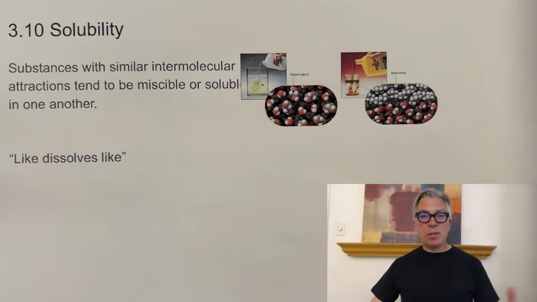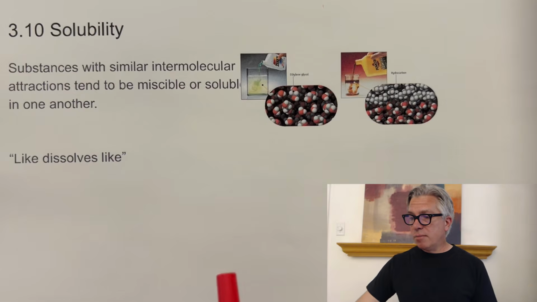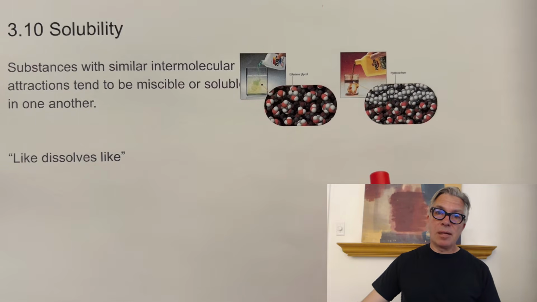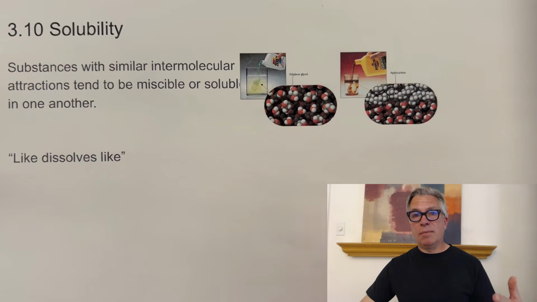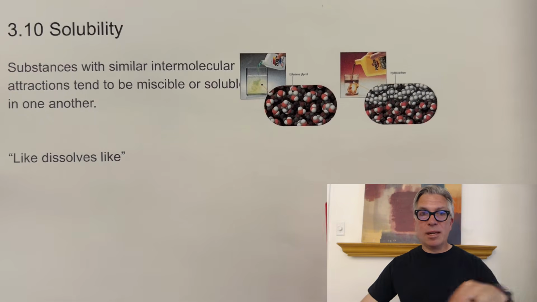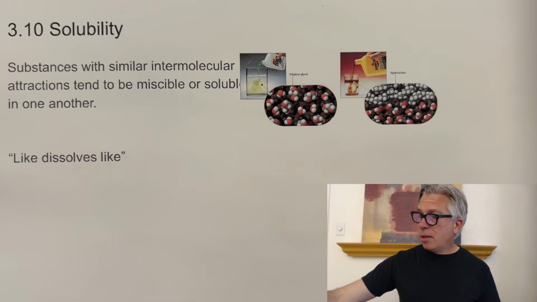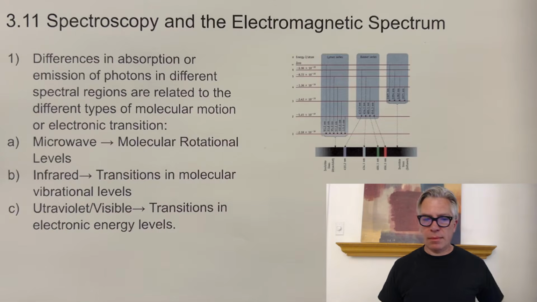Water will dissolve ions and things that are polar, because it's polar. And you've heard the phrase oil and water don't mix. That's because oil is made of nonpolar molecules, and the water doesn't want anything to do with them. The nonpolar molecules can't get in there and interact with the water as much because the water is too busy interacting with itself. So that's a quick little phrase on that.